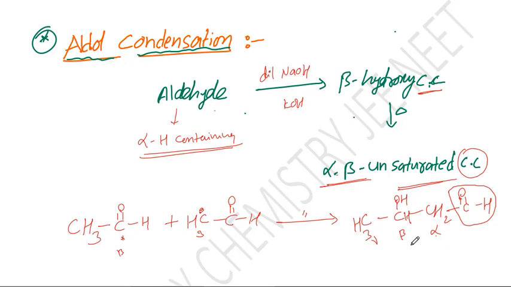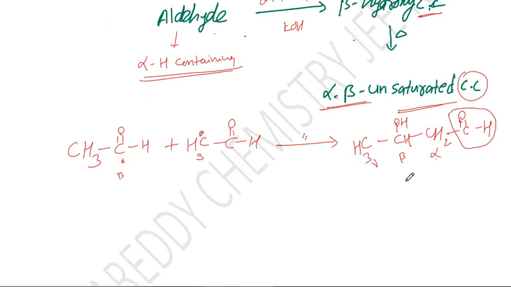By heating, one water molecule is released. Of course, there are 2 possibilities, from this carbon and this carbon hydrogen can leave, but the more substituted alkene is more stable. That's why the alpha beta unsaturated carbonyl compound is forming.